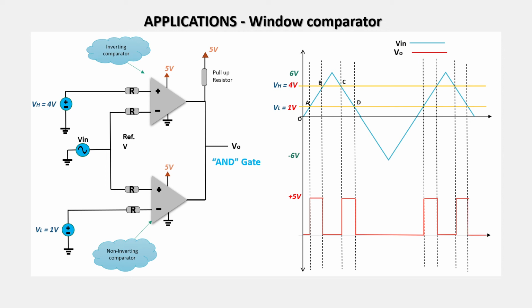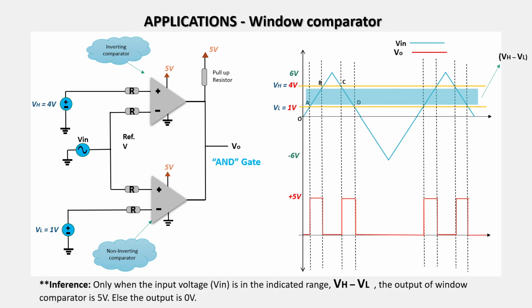An important point to note here is that only when the input voltage is in the indicated range, VH minus VL, the output of the window comparator is plus 5 volt. Otherwise, the output is 0. Since the output is plus 5 volt or 0 volt, these circuits can be used directly with digital circuits.